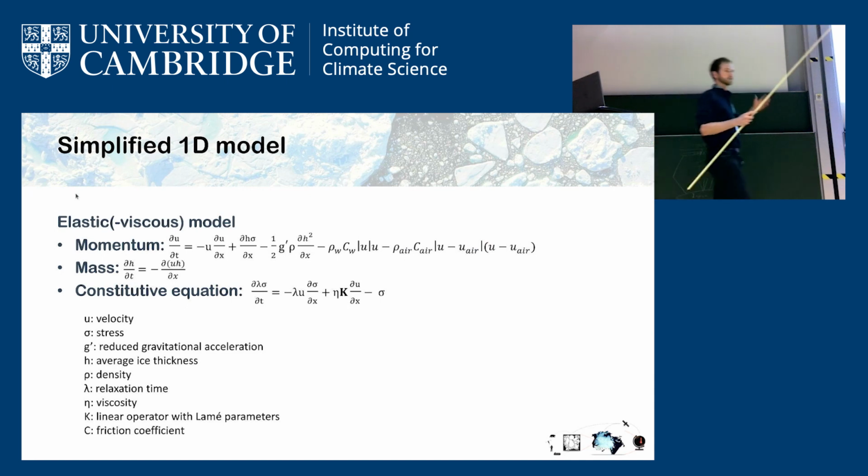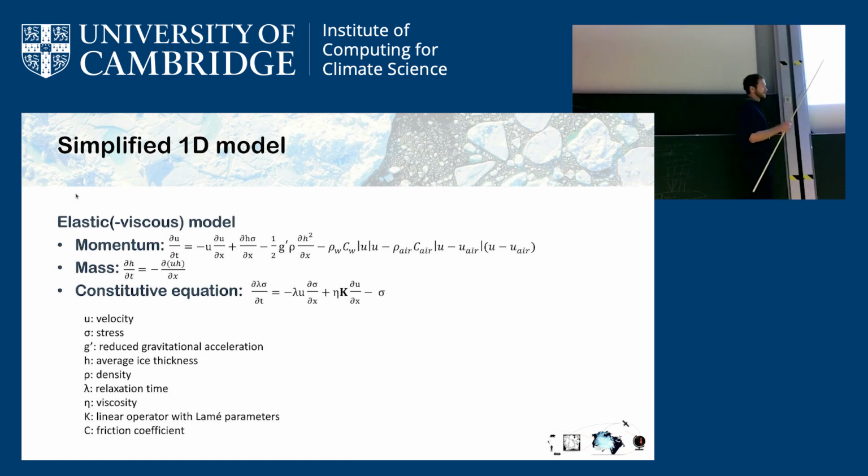Okay, to show what this model is capable of, these are the equations that are solved by the model. So we've got the CICE thickness, which is basically the result of a conservation law.